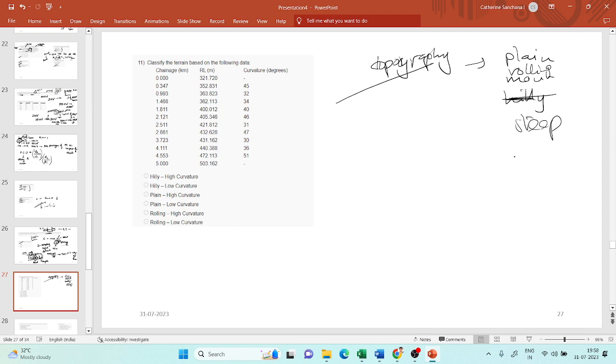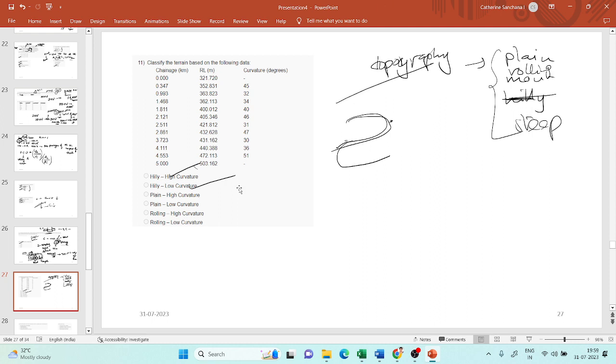It can be classified into four of these categories. And I also said that based on the curvature, we talked about hairpin bends, the terrain can be classified as high curvature or low curvature. There are values which say that if a particular value is less than this value, then it is called low curvature. If it is greater than a particular value, then it is called high curvature.